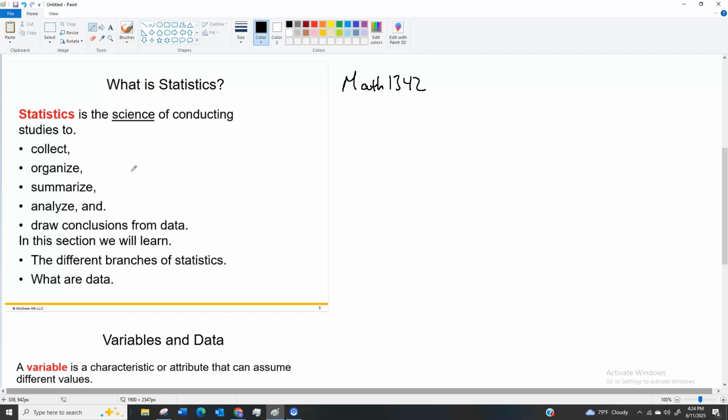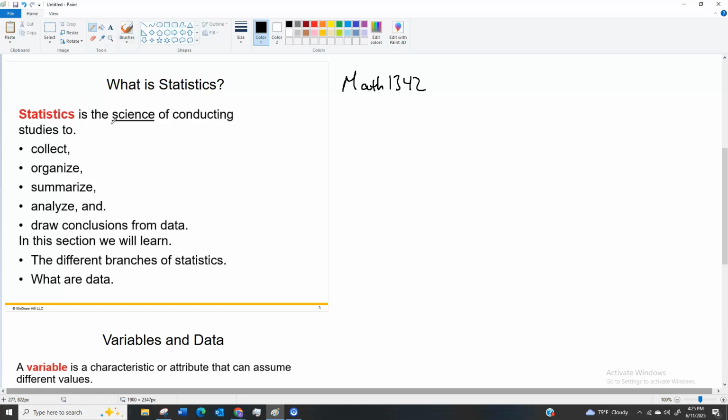Statistics is really kind of a collision between science and math. Because what statistics does is it conducts studies, which are then used by scientists and sociologists and business people, all kinds of areas. But it is kind of a mix between a science and a math.